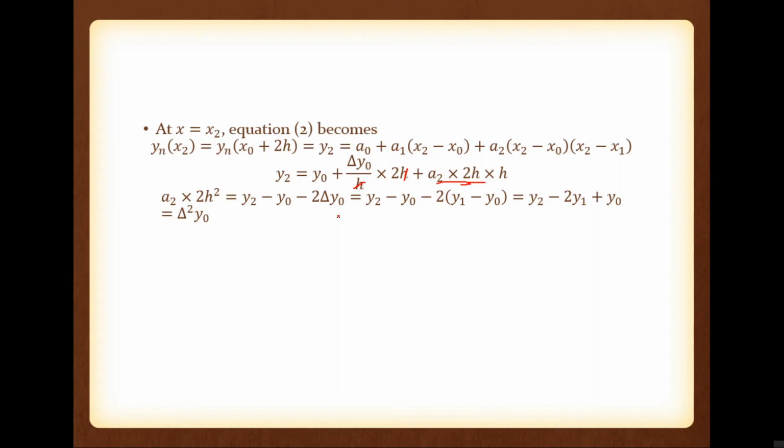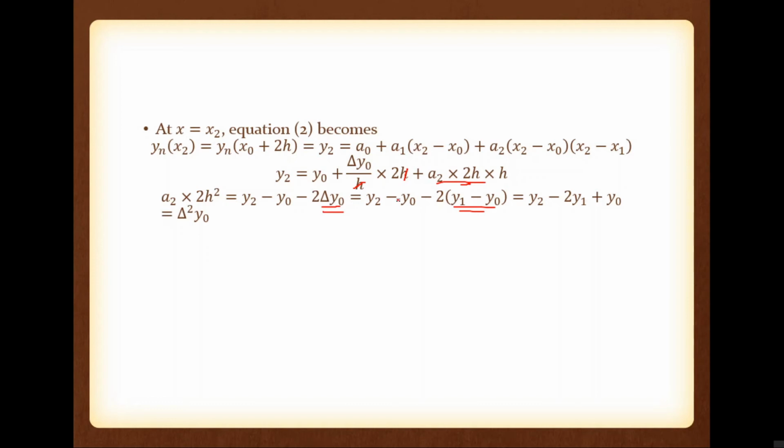So what is delta y0? This is the first forward finite difference at y0, that is y1 minus y0. So we can expand this term: y2 minus y0 minus 2 into y1 minus y0. So this is delta y0.